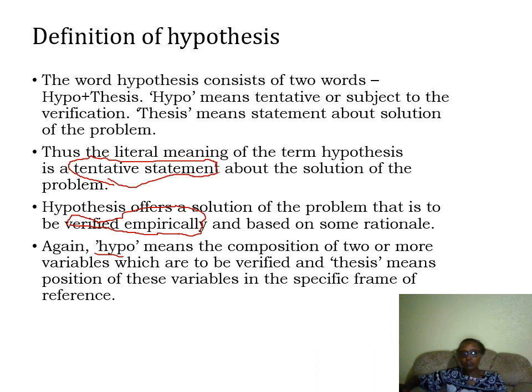So the hypo part already insinuates the composition of two or more variables. Now this is quite different from the qualitative research questions, which were going out to explore. You're seeking, you're discovering, you have no assumptions whatsoever.